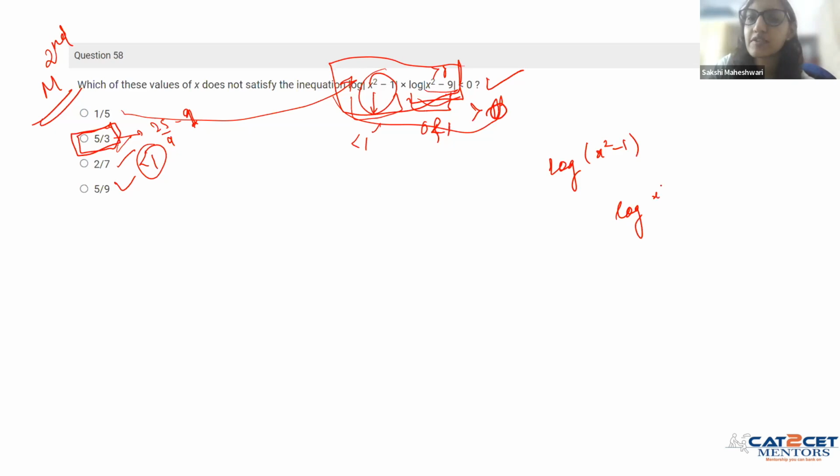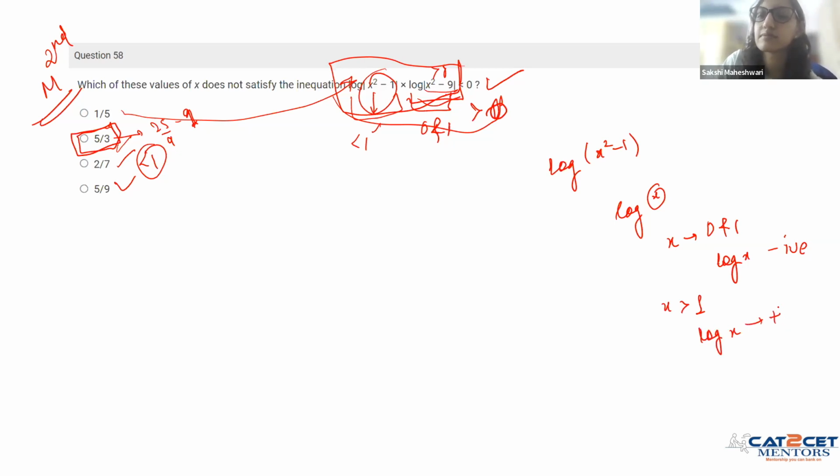If your x is between 0 and 1, log x is negative, and if x is greater than 1, your log x is positive. Are you getting it now? Like you want the multiplication to be greater than 0. Okay, so sorry, the multiplication has to be less than 0. So only one of them has to be less than 0 and the other one greater.